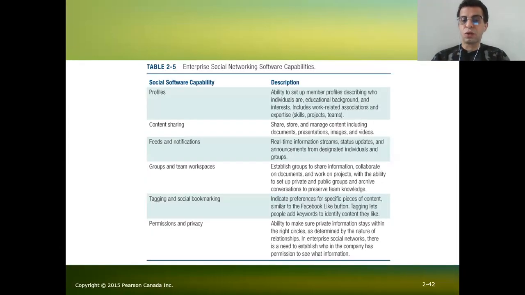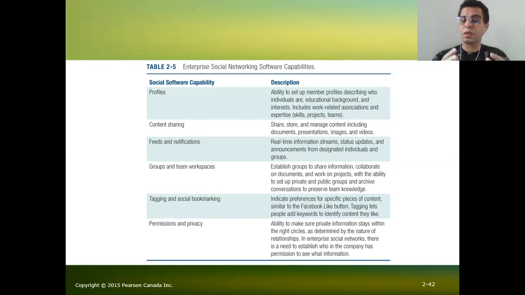The social software capabilities: usually you put in your profile so they understand, if I'm talking to person X, what his capabilities and abilities are, and whether he can help me with my task or not. So the profile can be very important. With content sharing, we can search content, feeds, and notifications.